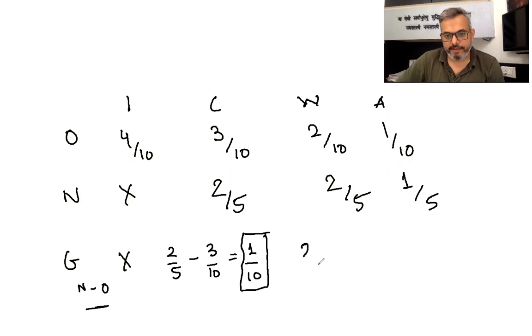Then 2 by 5 minus 2 by 10, which is equal to 5 2s are 10, 2 2s are 4. So 2 by 10. चेक कर लो हमेशा.